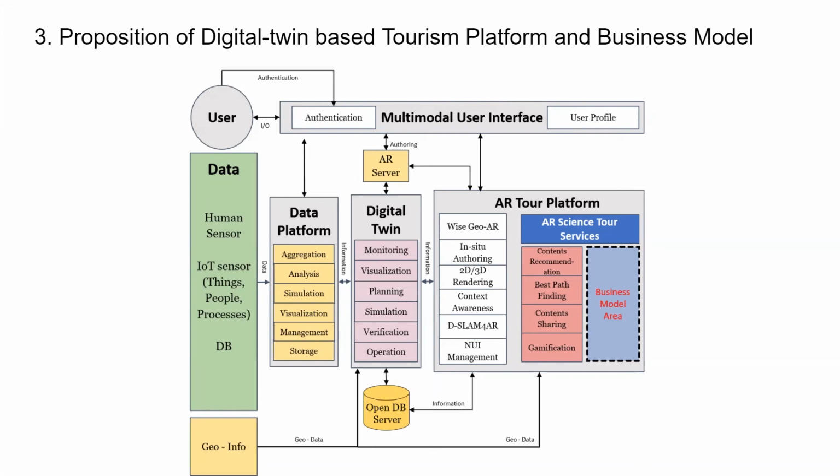AR services include recommendations of tourist spots for individual taste related to science, finding the best route to enjoy tours from a current location, tourism and authored data sharing with tourists nearby, and game services.